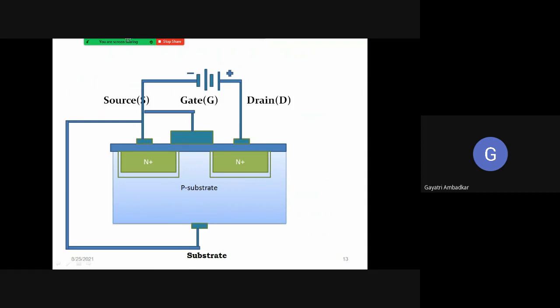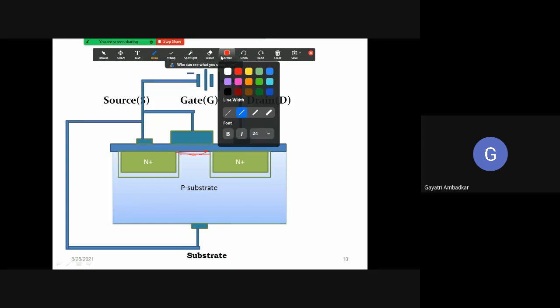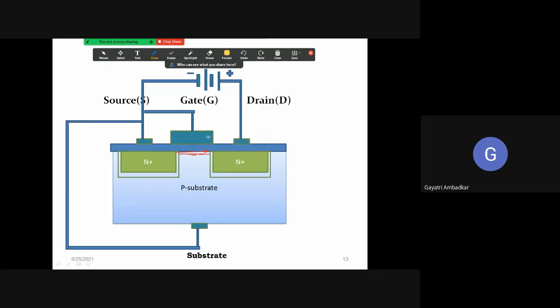See, previously this was the channel width, so this was the space available, and current was flowing through this space. Now in the second case, when you make it higher than 1 volt, the width of the channel becomes larger, so more current will flow.